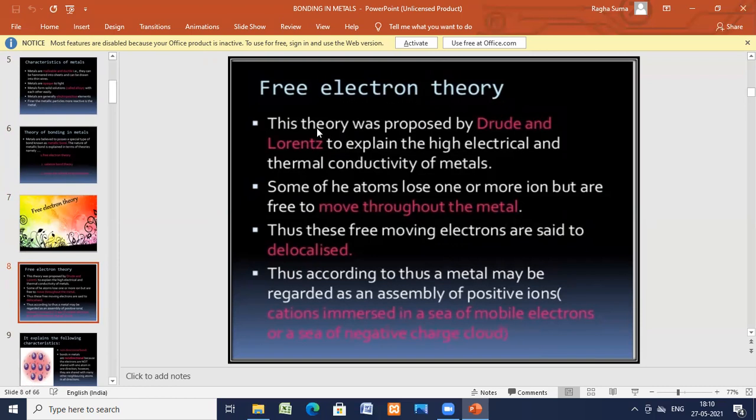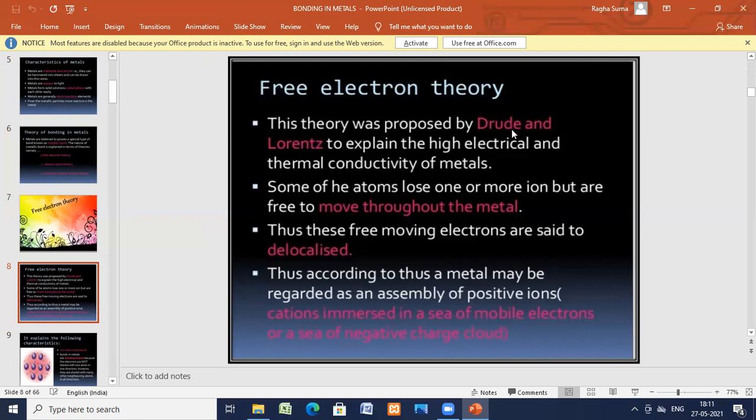Free electron theory was proposed by Drude and Lorentz in 1900. It proposed that metals consist of positive ion cores with valence electrons, and these valence electrons are moving freely among the cores.